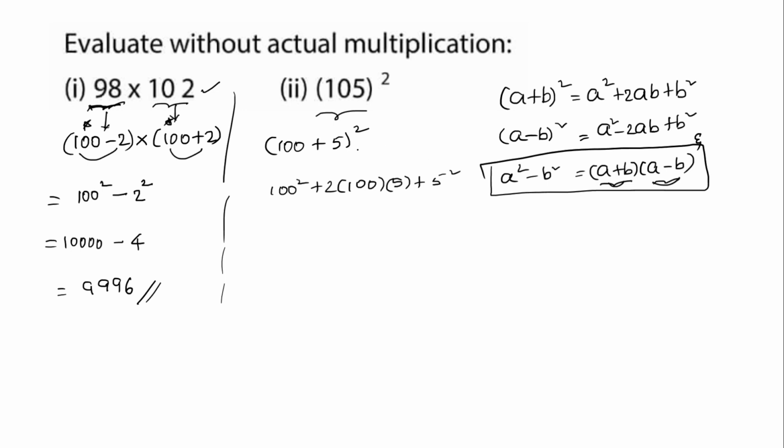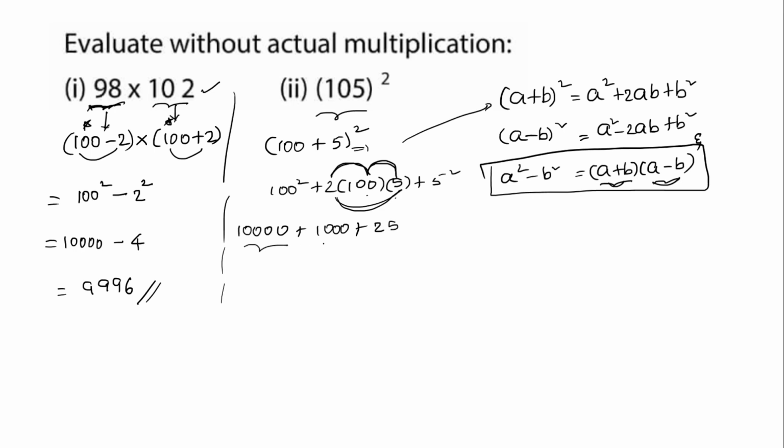Okay, look, the formula (a plus b) whole square is a square plus 2ab plus b square. 100 square is 10,000, plus 2 into 5 is 10, 10 into 100 is 1000, plus 5 square is 25.